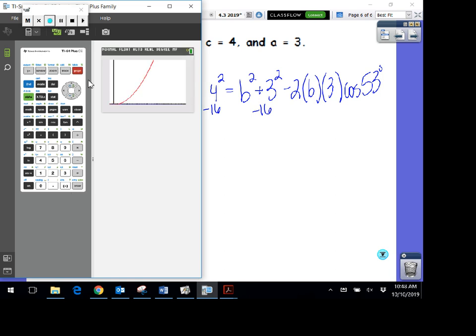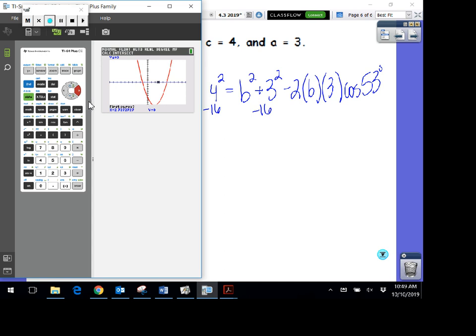So when I graph that again, I'm on that crazy screen, so I'm going to zoom standard, which is zoom 6, and this is that situation. I can't have a negative length of a side, so I don't care about that intersection. All I care about is this one. So if you're using law of cosines, this is what the graph looks like. And so I only care about that positive one.